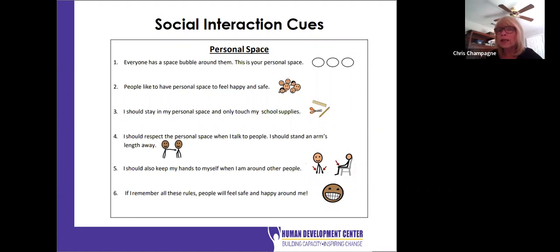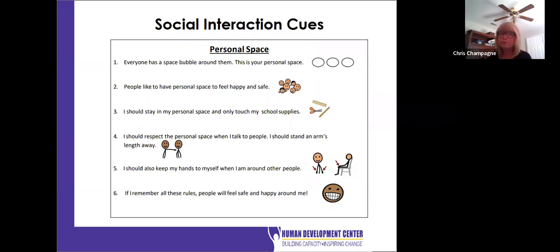You're kind of explaining the norm. I should stay in my personal space, only touch school supplies. You're giving them an instruction of what they should do, that they should respect personal space, keep their hands to themselves. And if they do these things, people will feel safe and happy around them.